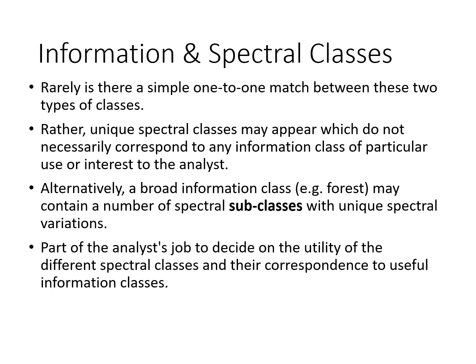So you may have unique spectral classes that don't actually correspond to any information class of particular use or interest to the analyst. So for instance, you might have a subset of crops that are on, well, like for instance, I've been working in Puerto Rico a lot. They have karst topography.